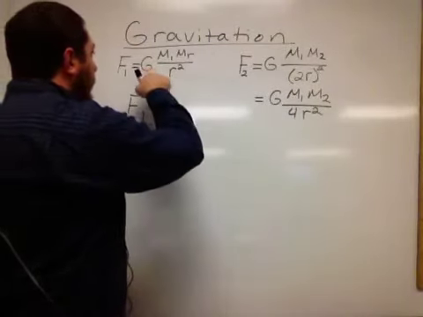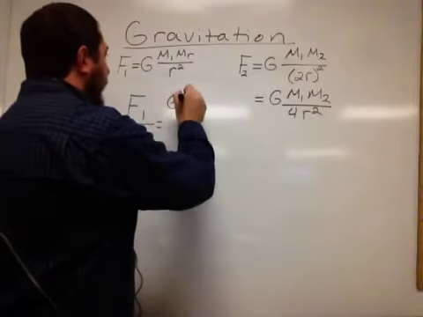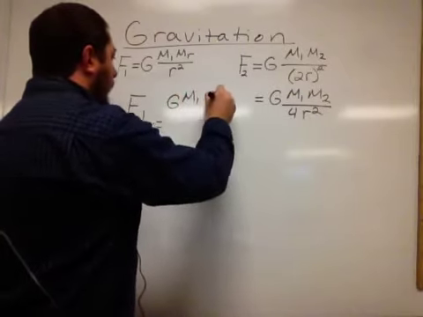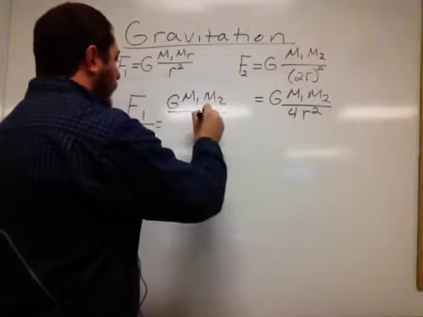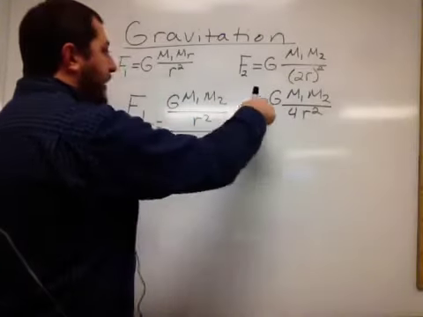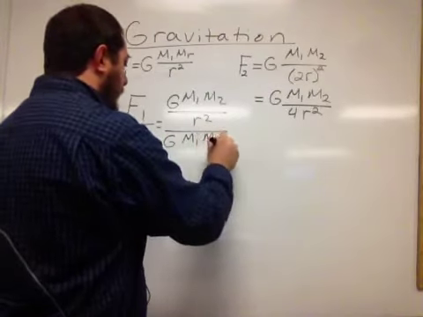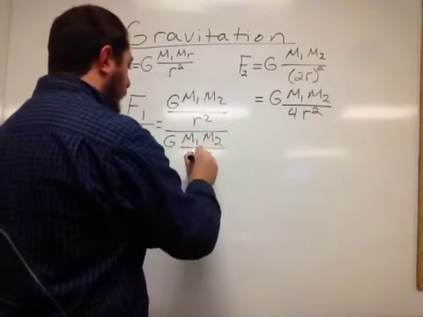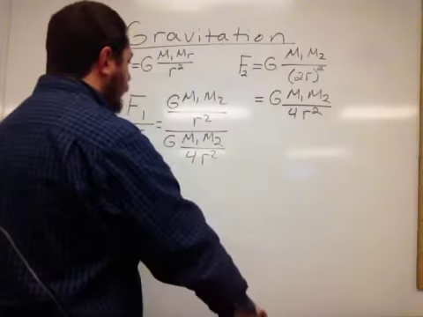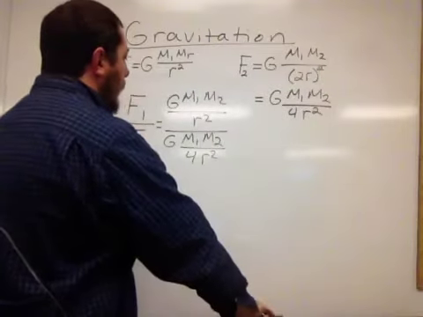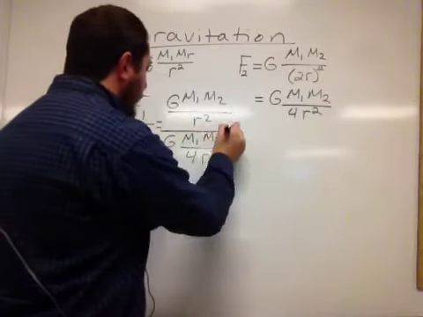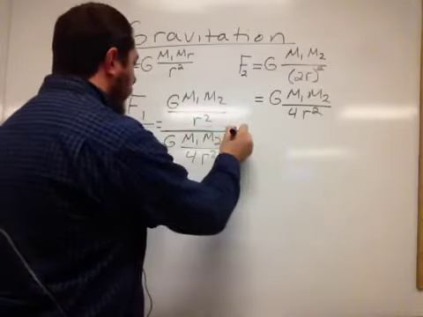If I look at force 1, I have G m1 m2 over r squared. And I'm going to divide that by G m1 m2 divided by 4 r squared. And so, this is the big dividing line here.